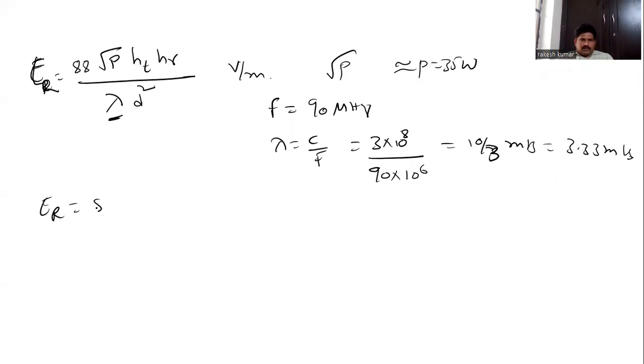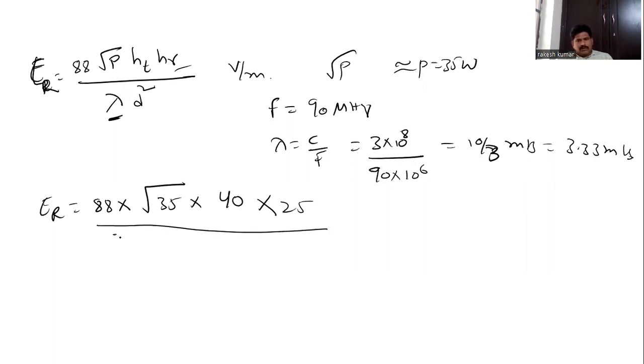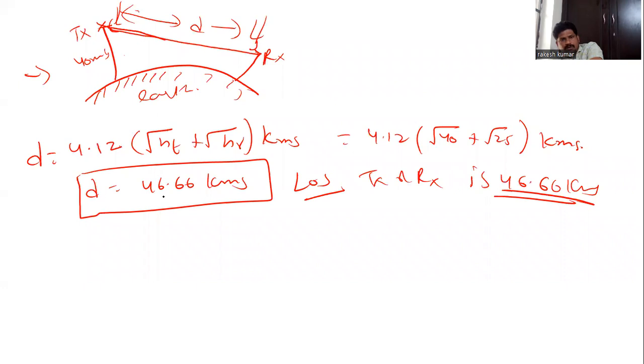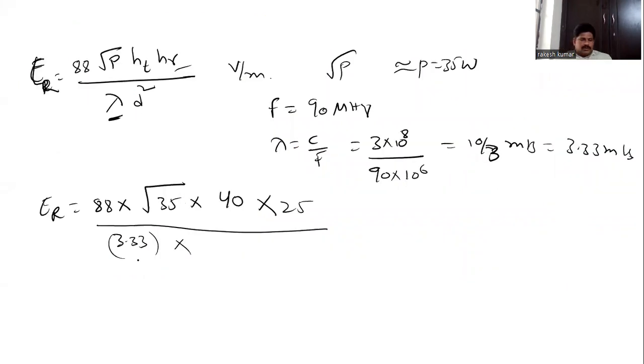Therefore, ER is equal to 88 into root 35 into what is the height of the transmitting antenna? 40. What is the height of the receiving antenna? It is 25. What is the value of lambda? Lambda is 10 by 3 or 3.33, into what is the distance? In the previous case I have calculated the distance, it is 46.66 kilometers.